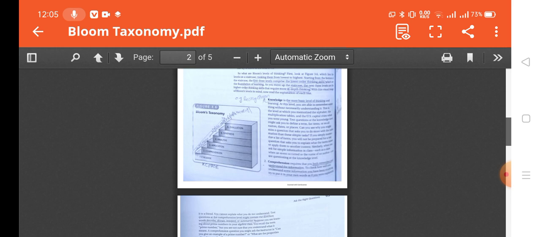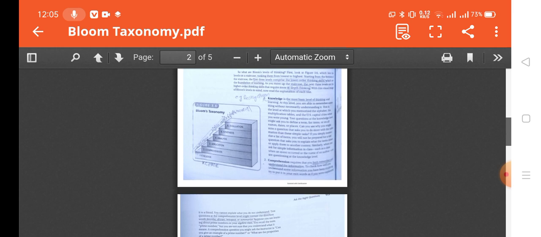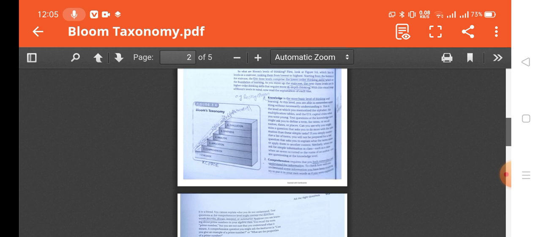And the sixth level is evaluation. To evaluate, you estimate and determine the worth of something; you make a judgmental call. Evaluation might ask you to assess, measure, rank, judge, evaluate, and explain advantages and disadvantages in order to assess the worth of something.